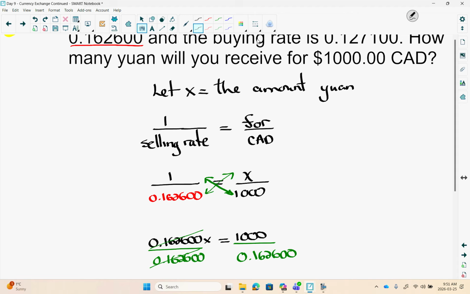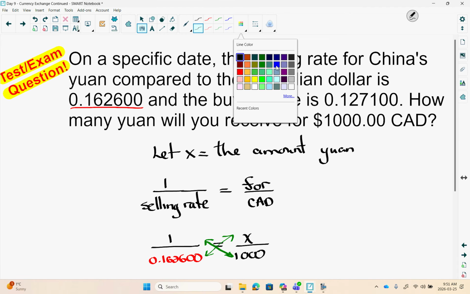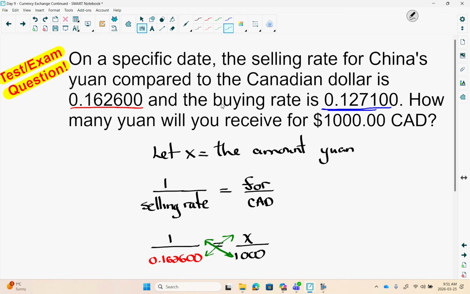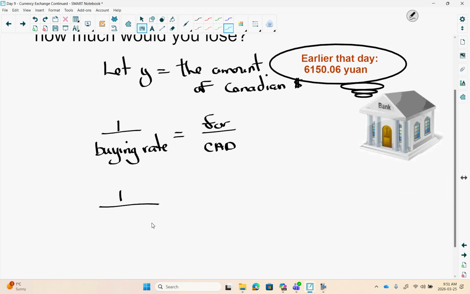Okay, the buying rate is right here. Says it right there, 0.1271. So I am going to write 0.127100 right there.